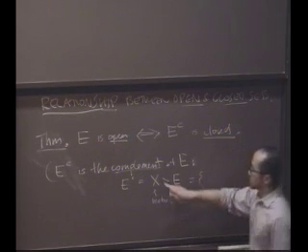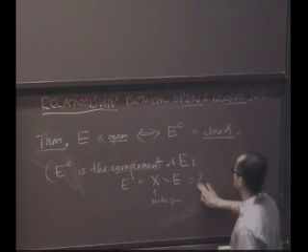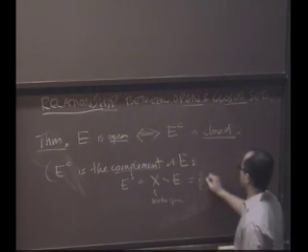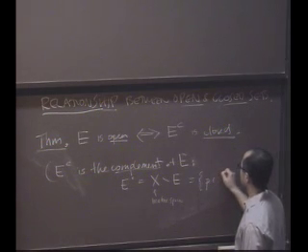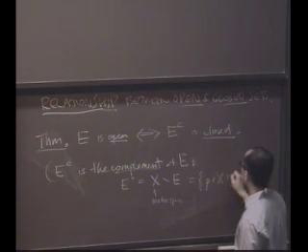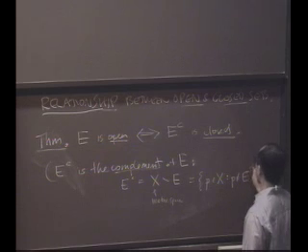And if you don't like this set minus notation, which we defined a while ago, it's basically the set of all points P in X such that P is not in E.